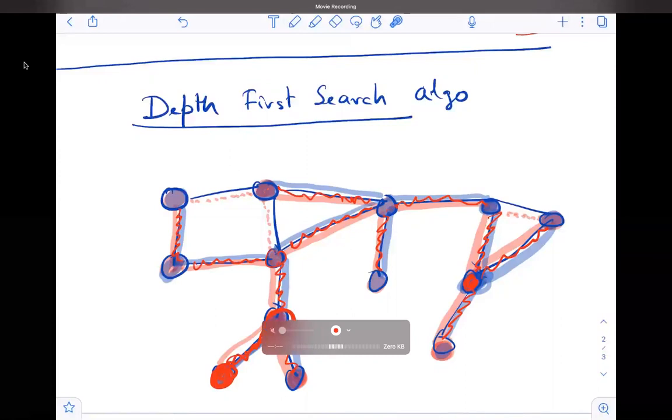I mean, it can be run for any graph, but it starts from a vertex and traverses only that connected component. You can of course change it a little bit: you start from another vertex in the other component and do the same there, and then you get a forest. But whatever we are going to describe is basically for a single connected component.